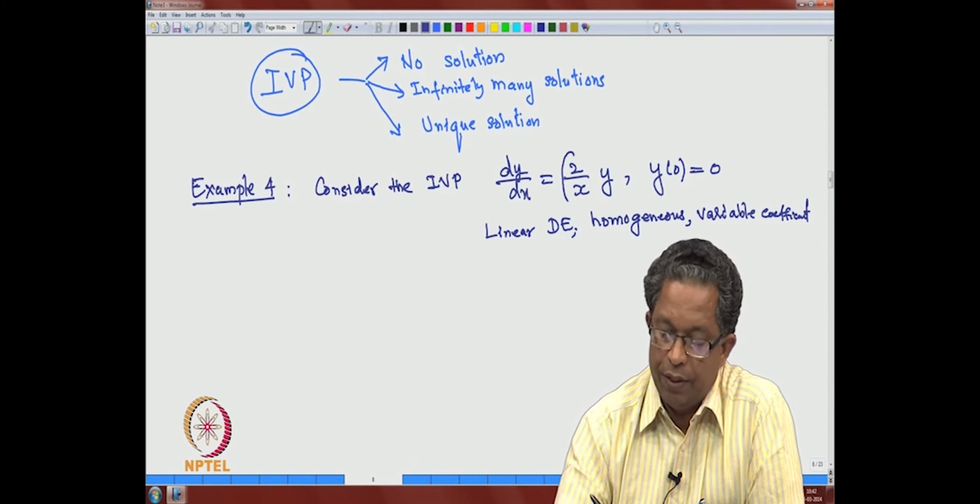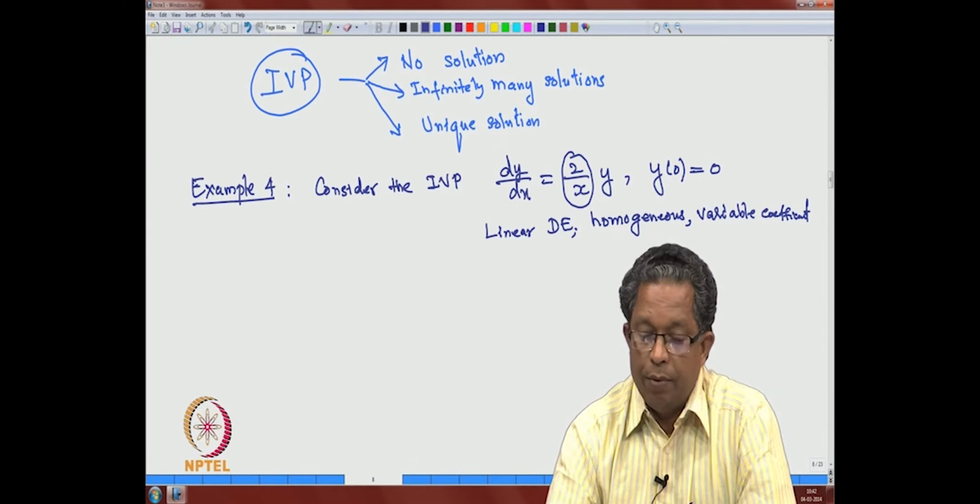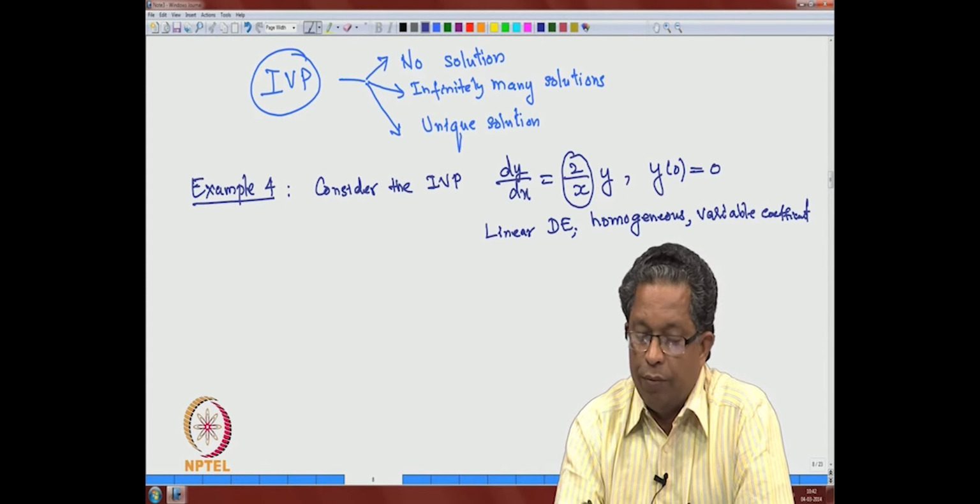So this coefficient 2 by x is variable. And there is no term which does not depend upon y. Therefore it is homogeneous, and obviously it is linear with respect to the unknown function y. So therefore, it is a linear differential equation.